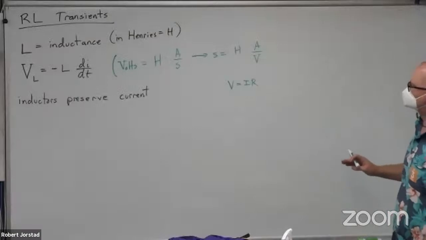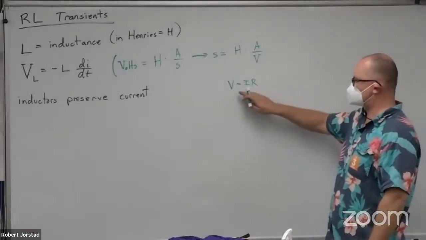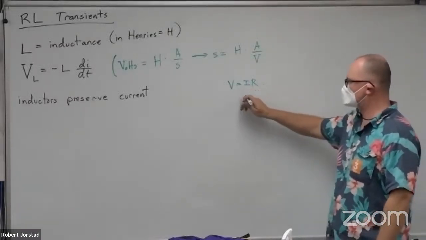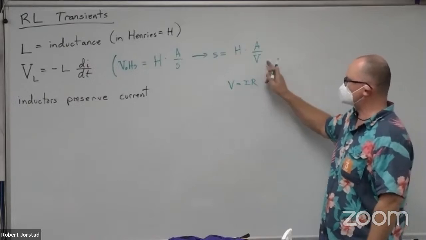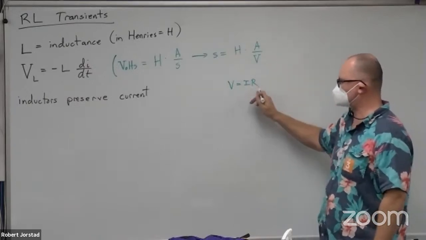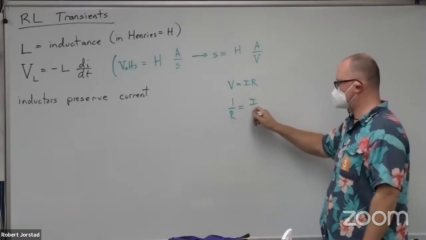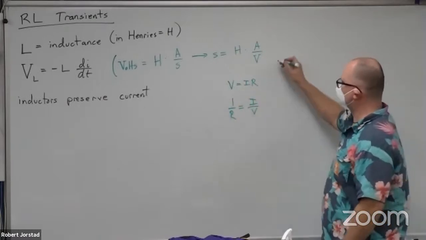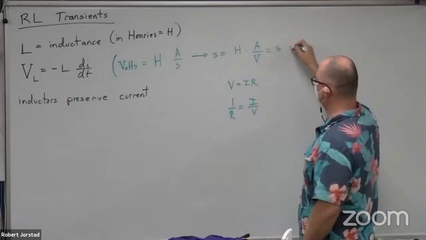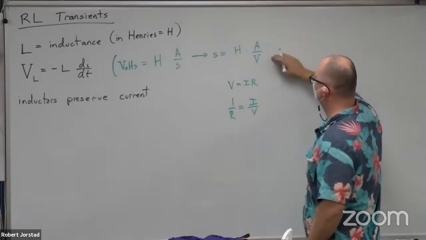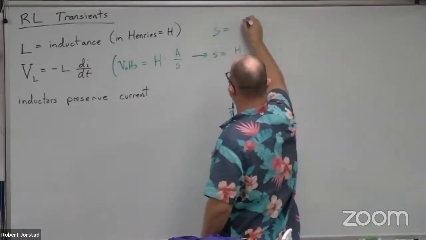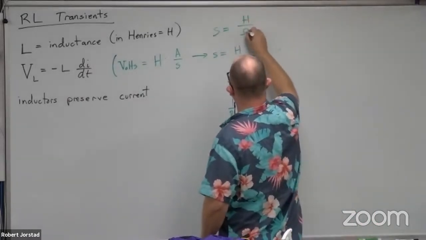Really appreciate that. Okay, so let's solve this one. Volts equals IR. So we need amps over volts, so I need to solve it this way. 1 over R is I over V. So you're telling me that seconds is equivalent to henries per ohms.